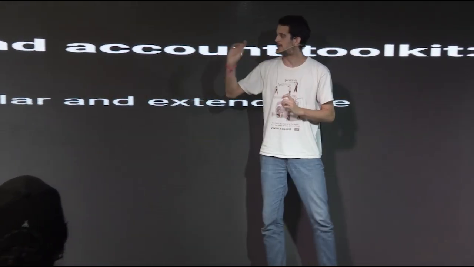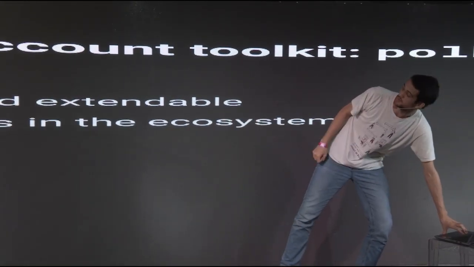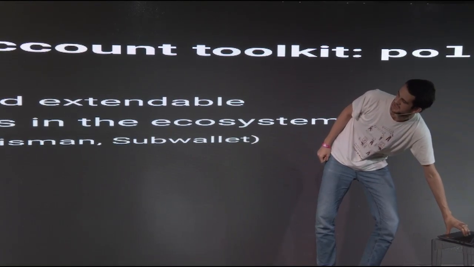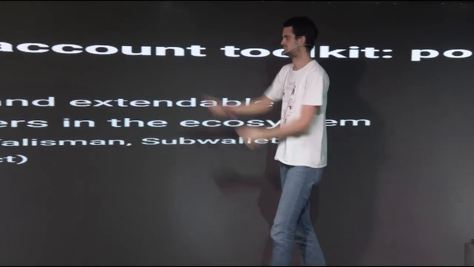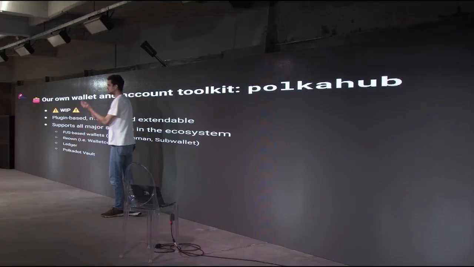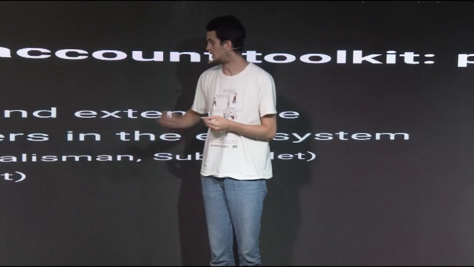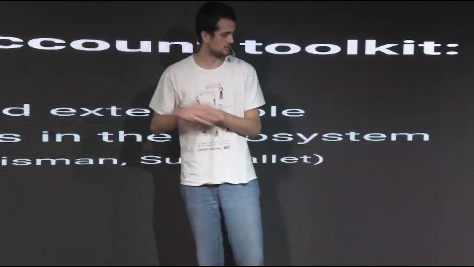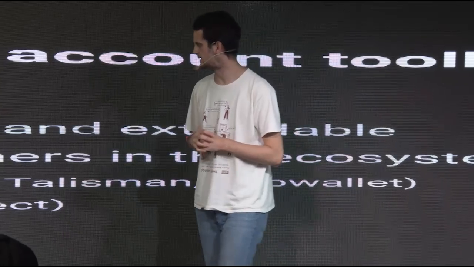You can only enable the plugin for WalletConnect. And we are very proud that we support all major signers in the ecosystem, which are, as everyone knows them, the Polkadot.js-based wallets, Polkadot.js Wallet, for example, Talisman, SubWallet, among others, WalletConnect, or as it's known now, Reown, Ledger, the cold signer.